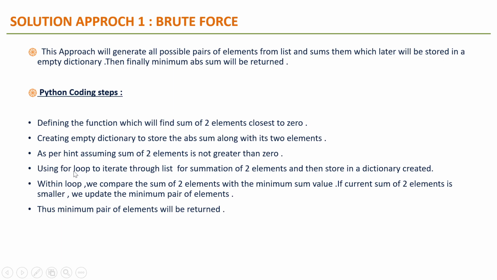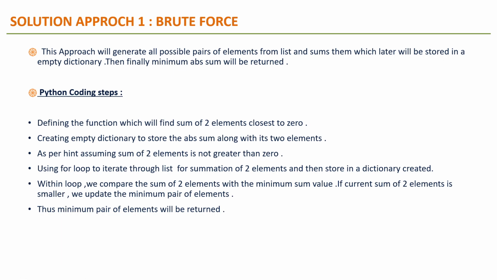So I've considered a for loop. The for loop is used for the iteration of the list for summation of the two elements. We have used two for loops because we have to consider two elements. In that, we have used the if condition.